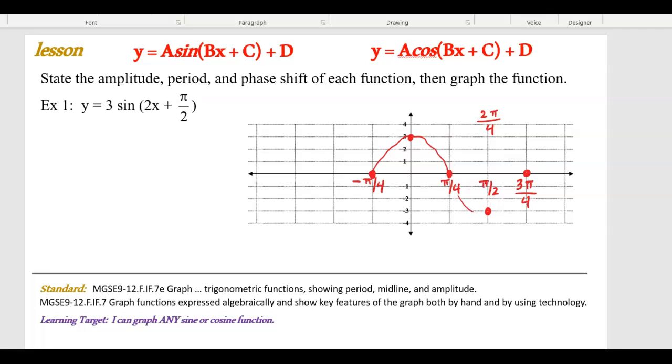And just to remind you, some of your math teachers in the future, all right, that is one full period of the graph, but most math teachers, not me, but most, want you to graph 1 or 2 full waves. So you could continue that and make 2 full waves. But from here to there, 1 full sine wave.